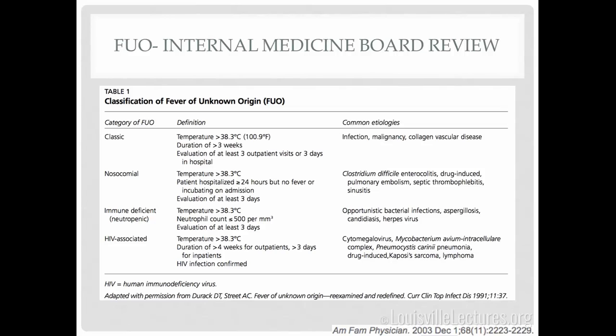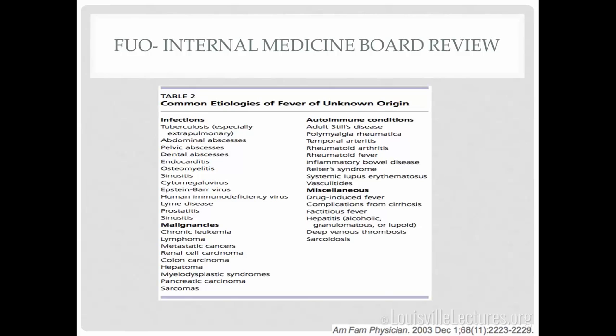And of course, HIV-associated, and things to think about in this category are CMV, MAC, pneumocystis pneumonia, and lymphomas and sarcoma, and Kaposi sarcoma. There are different tables with the divisions and within each category what you should think about.